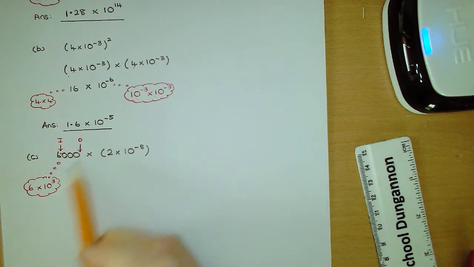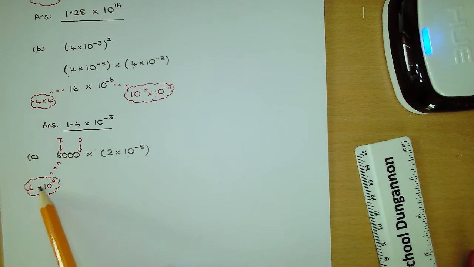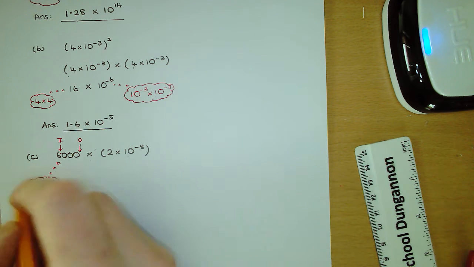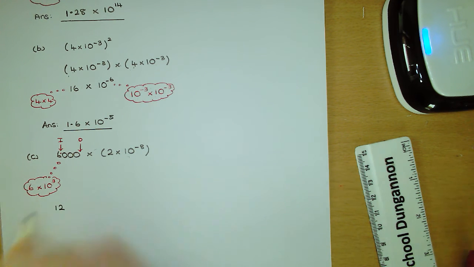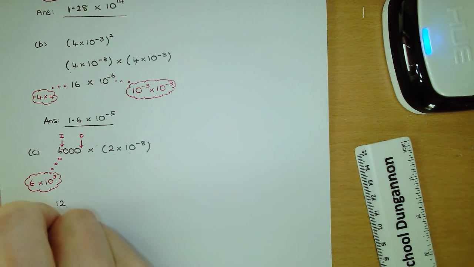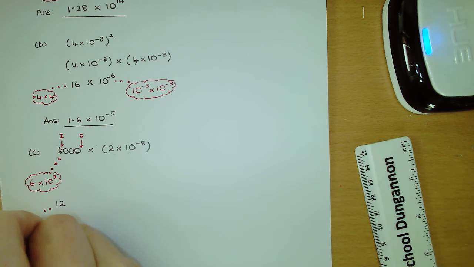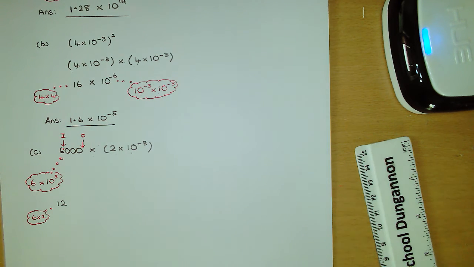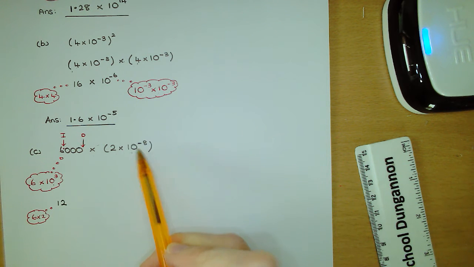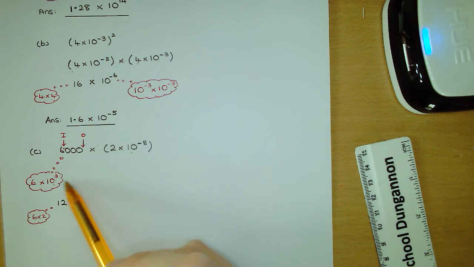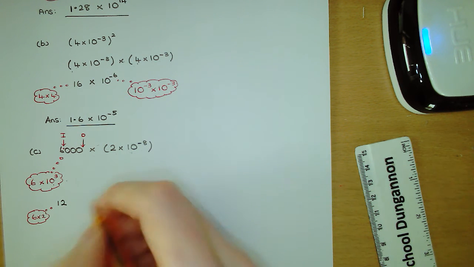We're now multiplying two numbers that are in standard form, so we're going to multiply the numbers that come before the indices. So 6 multiplied by 2 is just going to give us 12. We're then going to multiply the two indices together, so we're going to work out 10 to the power of 3 multiplied by 10 to the power of minus 8.